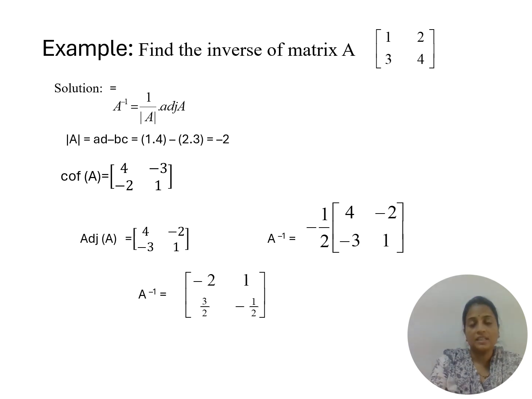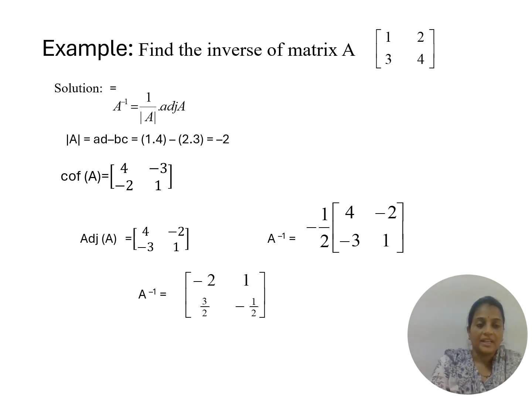Next 3: cofactor of 3 is 2, again the negative sign because of odd place. And cofactor of 4 is 1 because it is an even place. This is the cofactor matrix. Cofactor of A is equal to 4, minus 3, minus 2, 1.